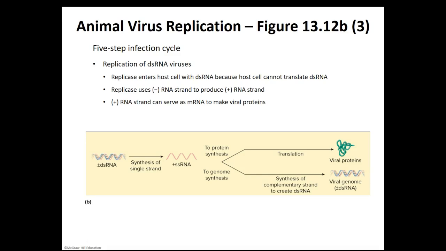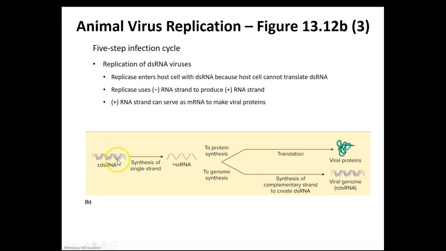Next up, double-stranded RNA. Remember, with double-stranded RNA, you're going to have both the plus and the minus strand. Once again, you're going to have both the viral genome and the replicase within the nucleocapsid.